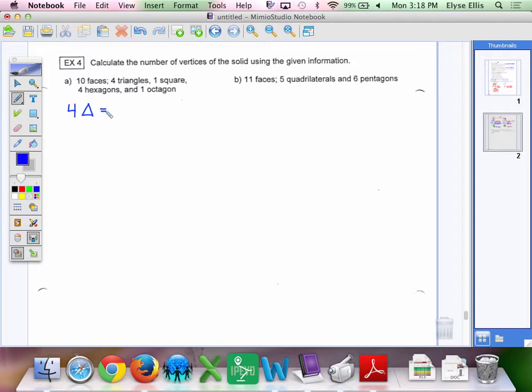So I'm going to itemize here. They say there's 4 triangles. Well, a triangle has 3 sides. So 4 3-sided shapes is a total of 12 edges. There is 1 square. 1 square has 4 sides. That's a total of 4 edges. There are 4 hexagons.